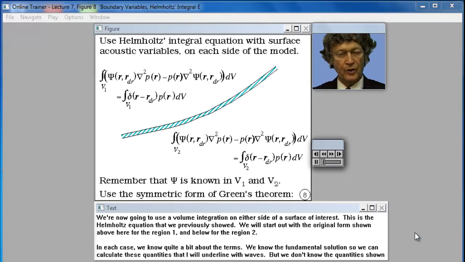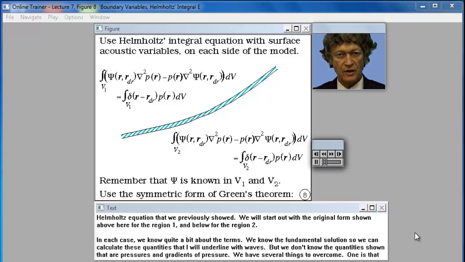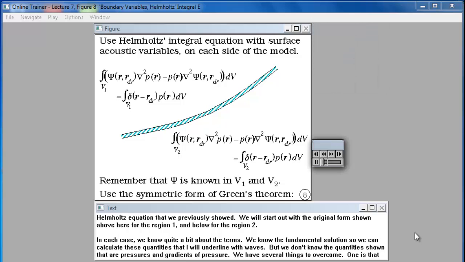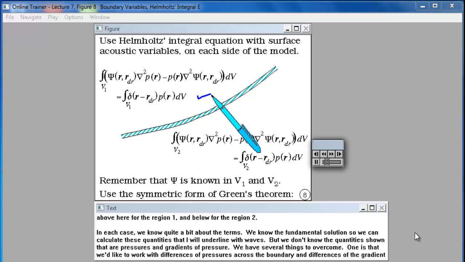We're now going to use a volume integration on either side of a surface of interest. This is the Helmholtz equation that we previously showed. We will start out with the original form shown above here for the region 1 and below for the region 2.